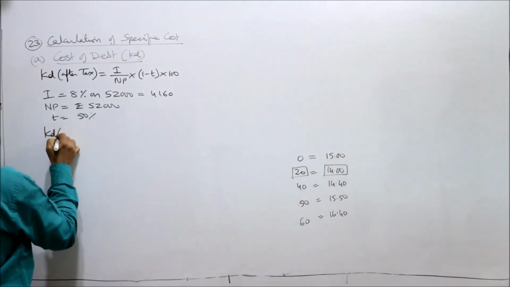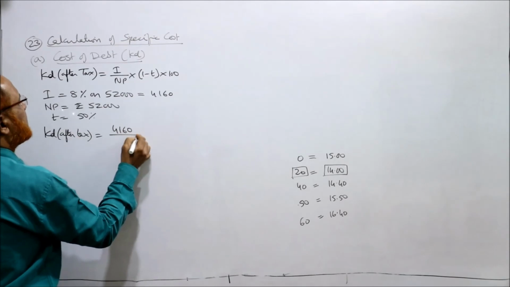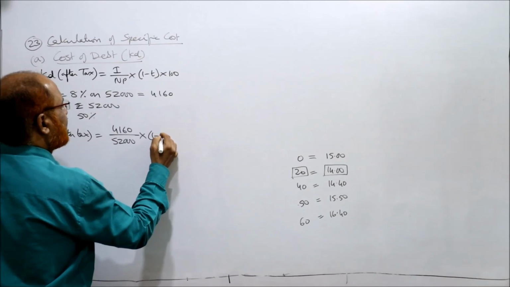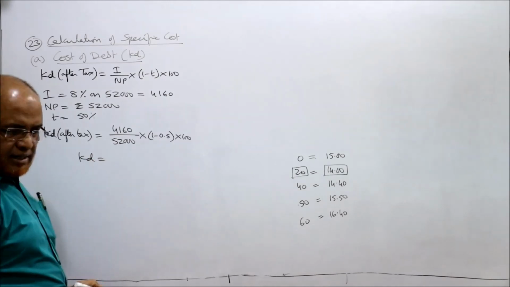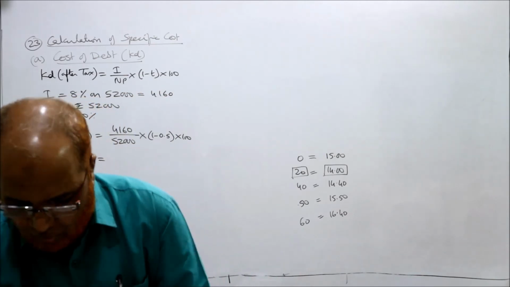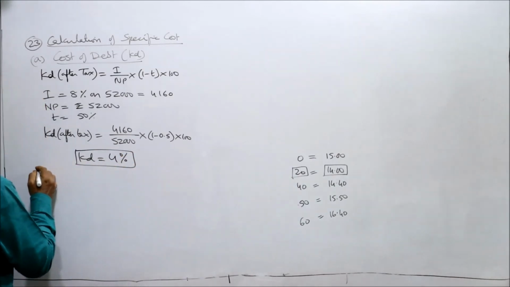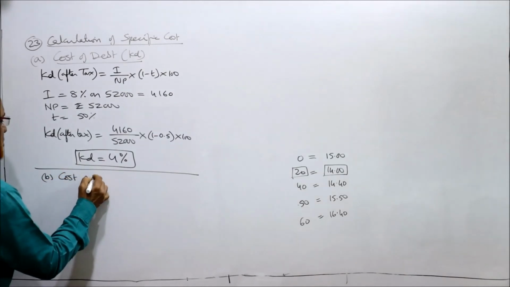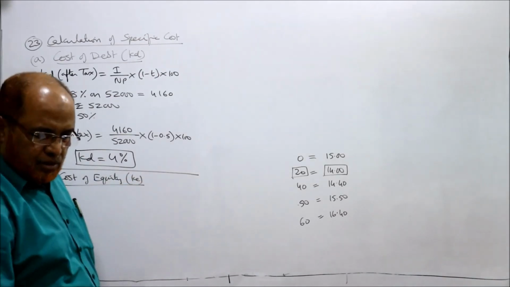Now KD after tax is equal to 4,160 divided by 52,000 into (1 minus 0.5) into 100, so KD is equal to 4%. Got it. Now we calculate B, cost of equity, KE.